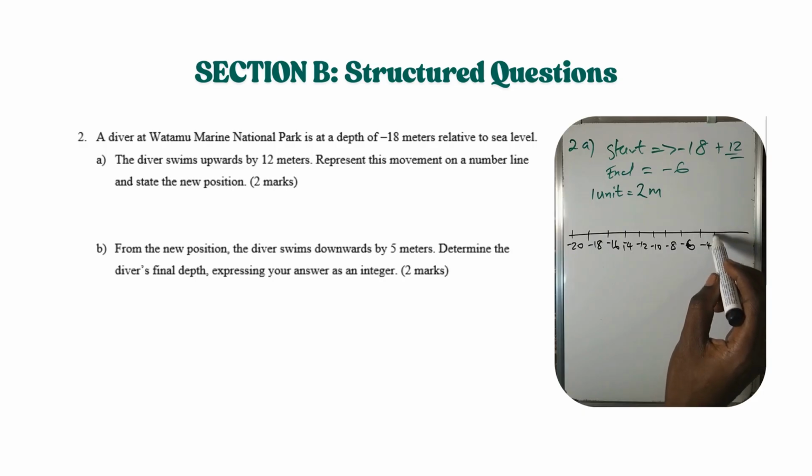Then you have negative 4, negative 2, then 0, then 2. It continues that way.